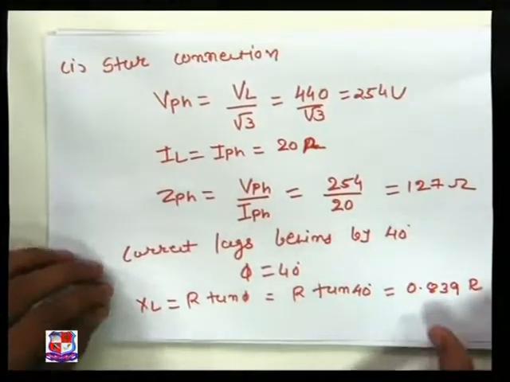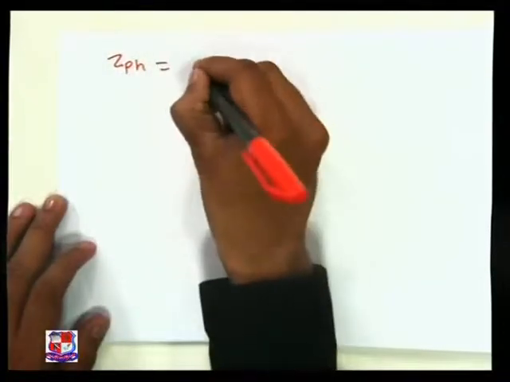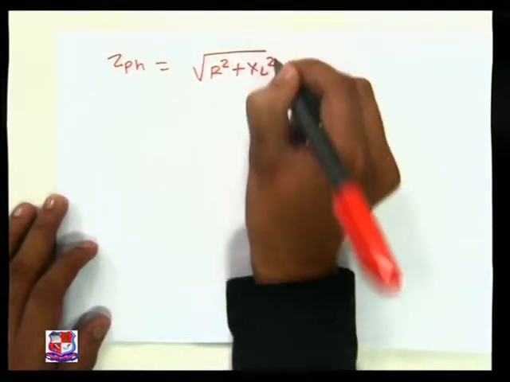Next, for ZPH we have the square root of R square plus XL square.